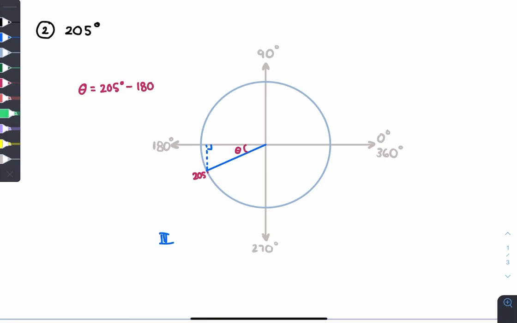Because when we do that, that will give us that angle measure illustrated right there. So when we solve 205 minus 180, you get 25 degrees. So this tells us that our reference angle for 205 is going to be 25 degrees.